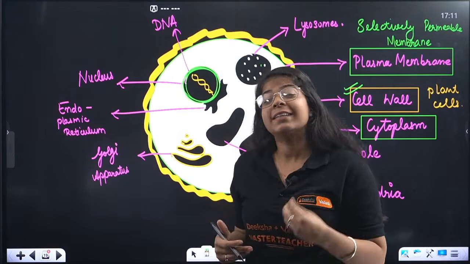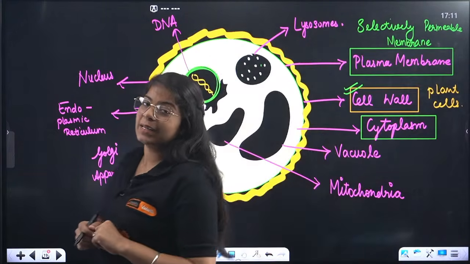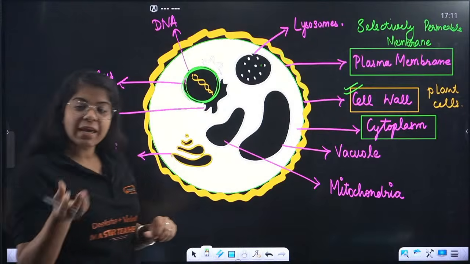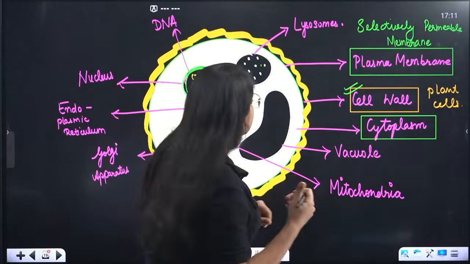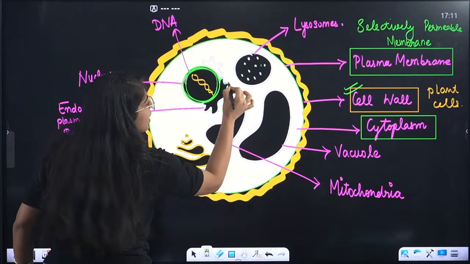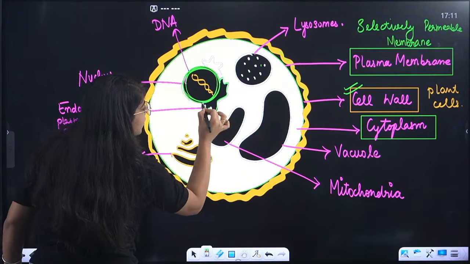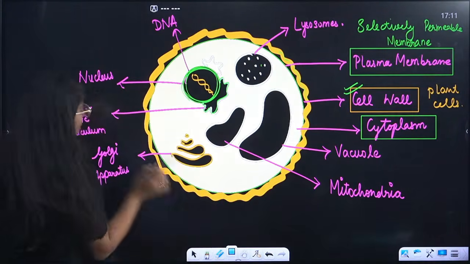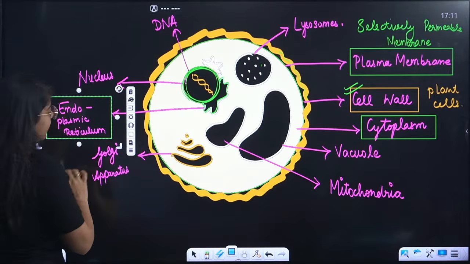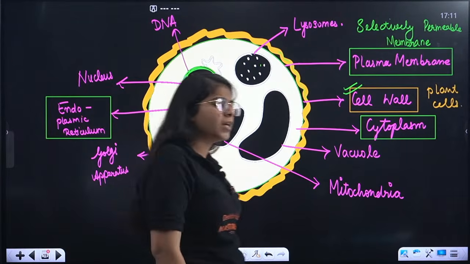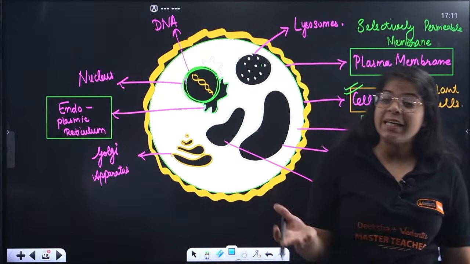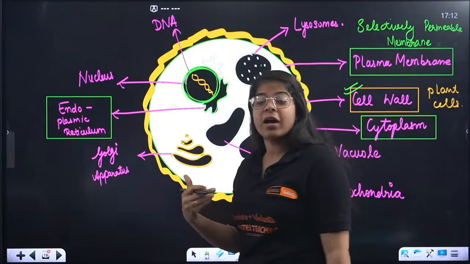That is endoplasmic reticulum, right? And its main function is what? You can see this weird looking structure right outside the nucleus. This bacha is called our endoplasmic reticulum, and its basic function is to produce protein and lipids for our cell.